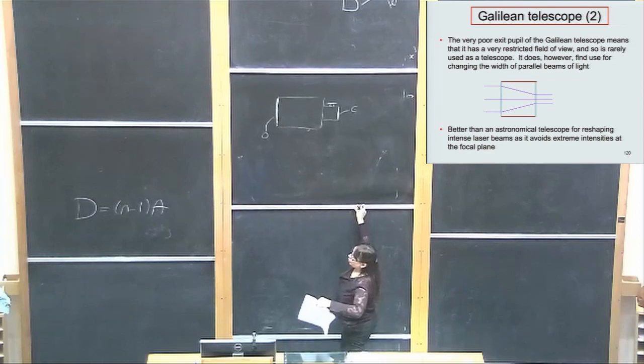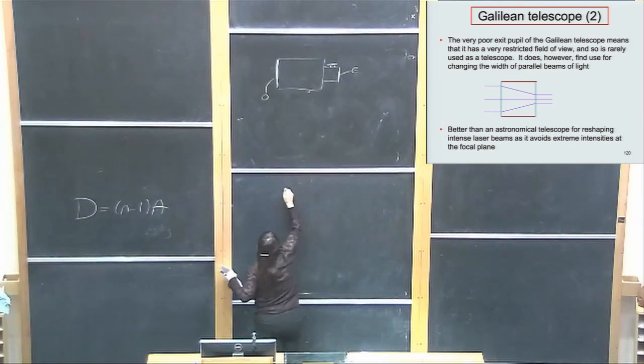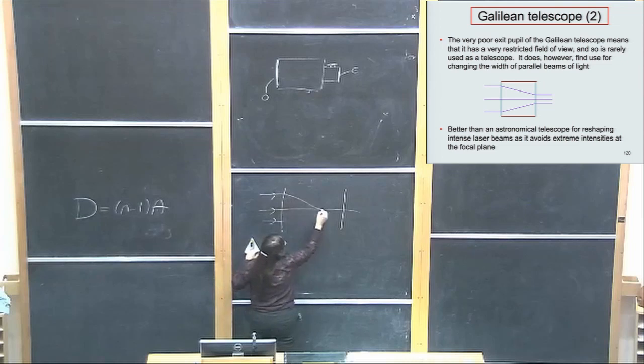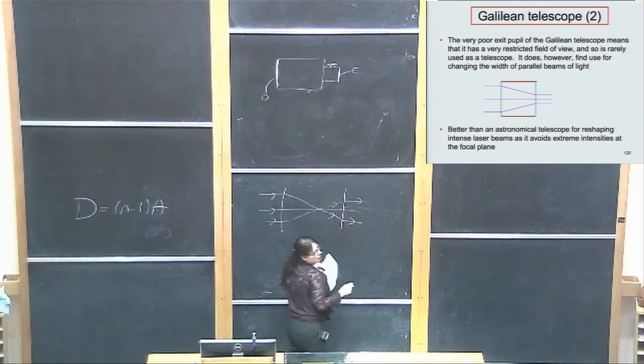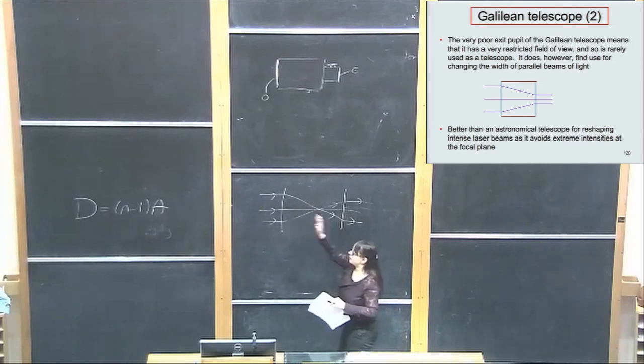Now, of course, you can do this as well with an astronomical telescope, no problem with doing that. Objective, eyepiece, you've got your parallel beam of light. We've seen these diagrams yesterday, right? And of course, you can get your parallel beam of light out like that. And normally that's not an issue. Okay, you've got a slightly longer piece of equipment here.